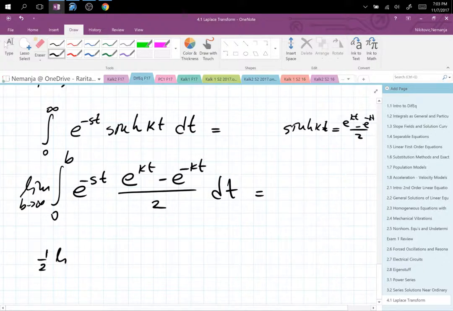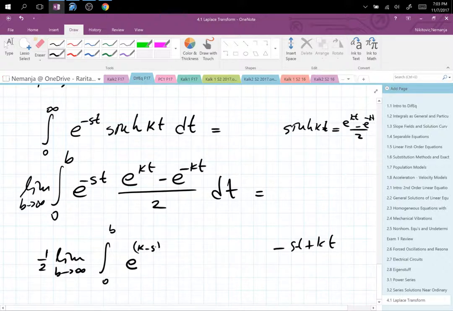This e to the minus st distributes, which means the exponents add. You have negative st plus kt, so you can factor out t. What do you get? You get e to the k minus s t minus e to the minus k minus s t, all of that dt.